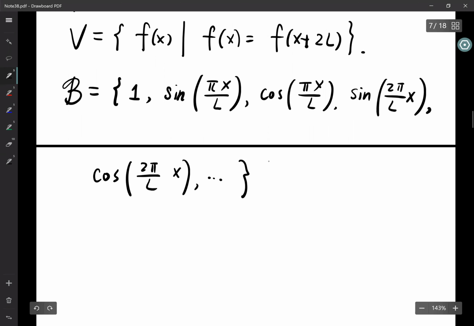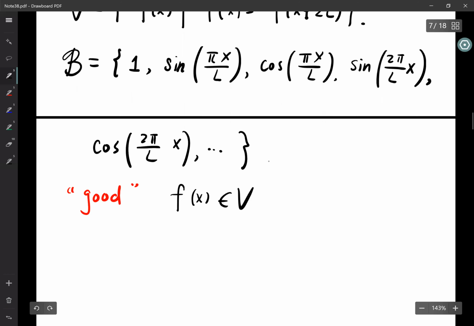Now, you give me some function f, some good function f that is in V. I would like to expand f(x) using this so-called basis.